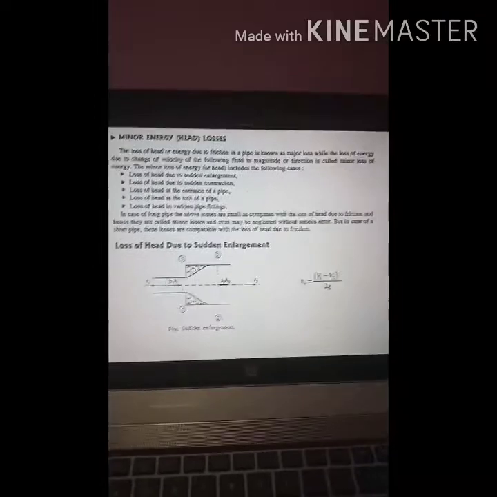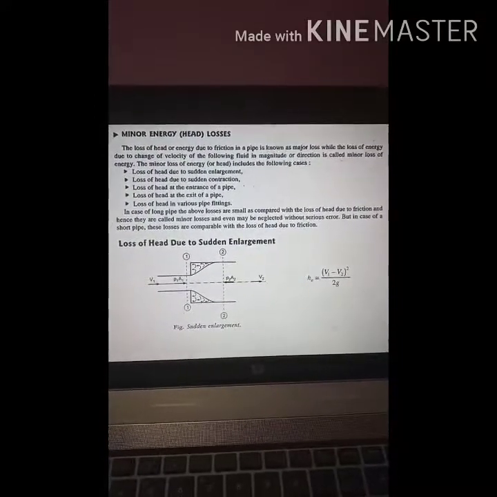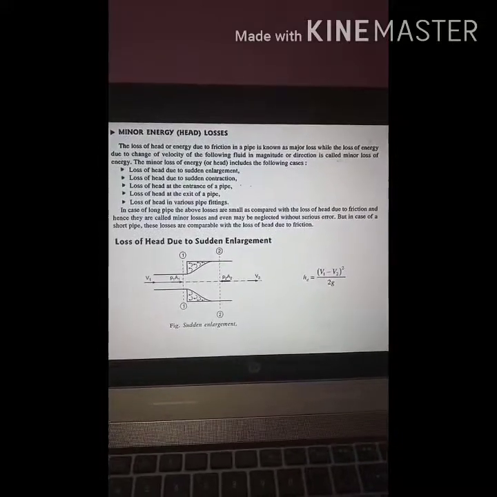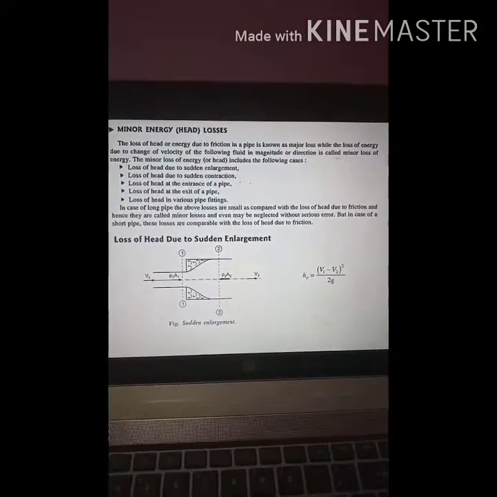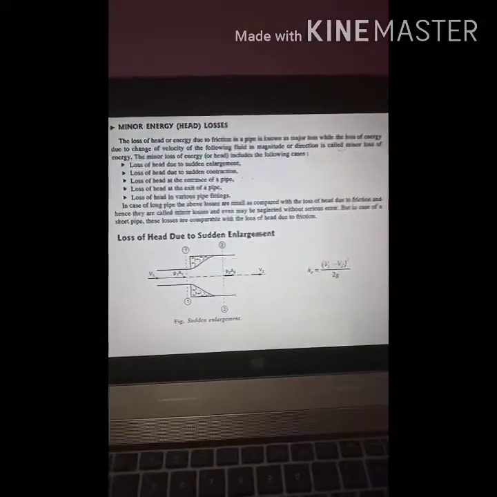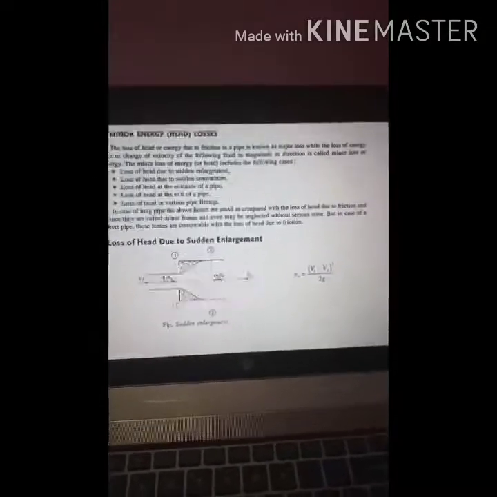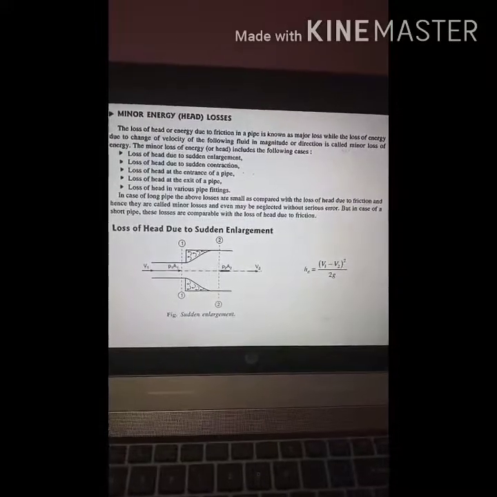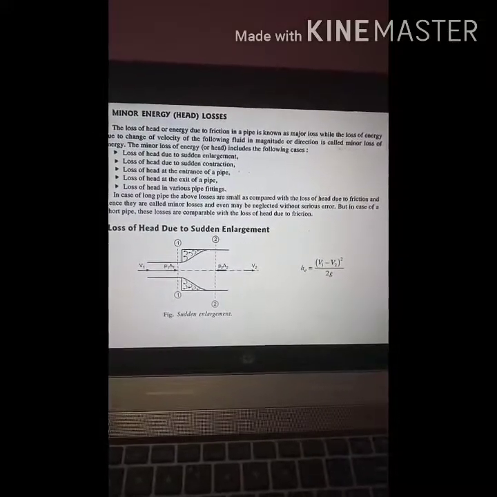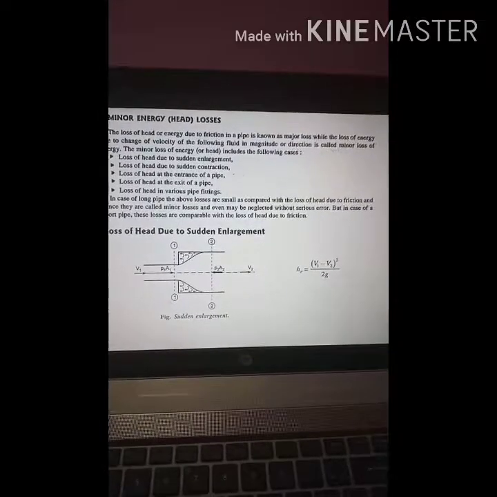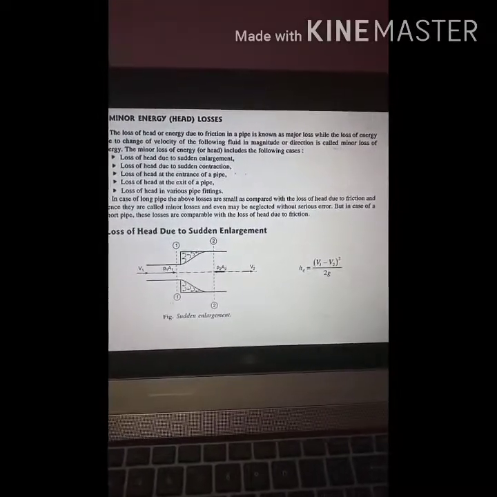There are certain types of minor losses because the area change may be increasing area, it may be decreasing area. So depending upon that, the minor energy losses have certain types. So let us see one by one. There are total 5 types of losses which come under minor losses.